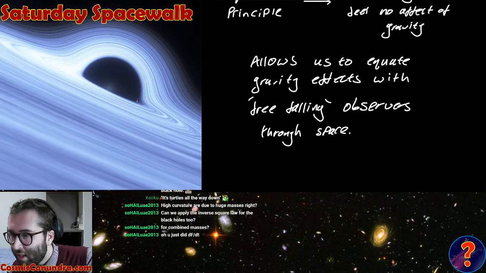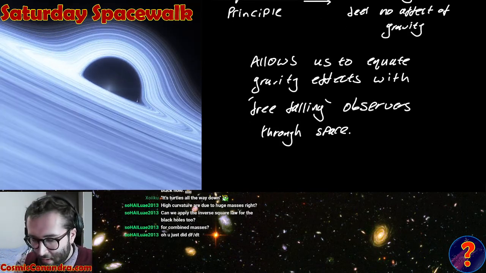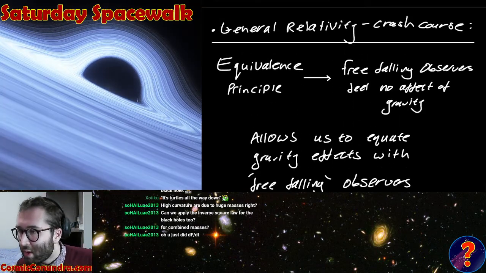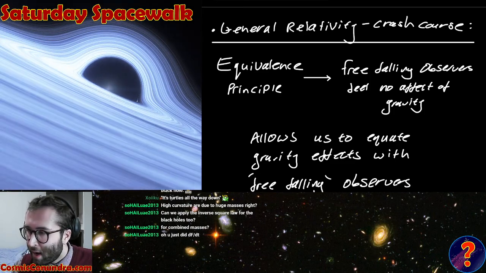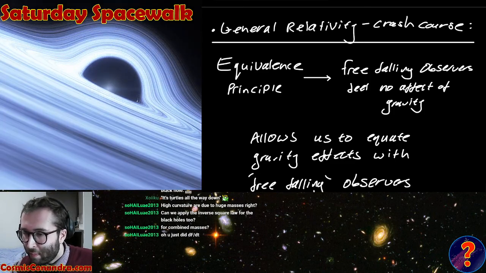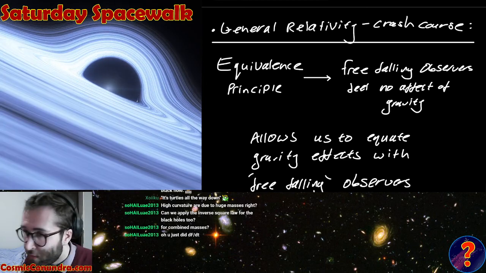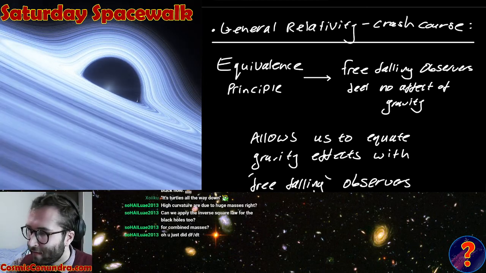So it's a bridge in a way. The equivalence principle is a bridge between paths through space-time, the path someone takes when they're free falling, and the effect that gravity has.